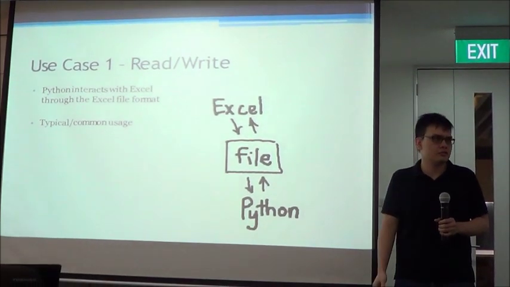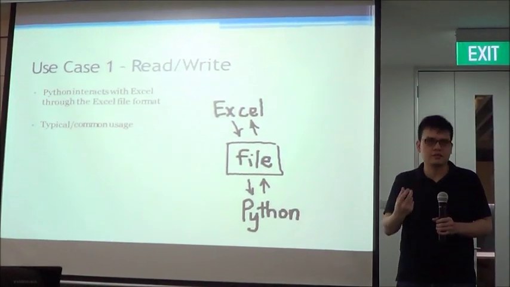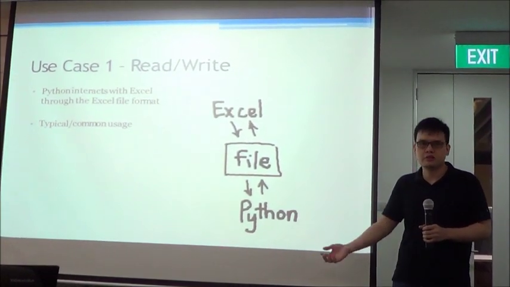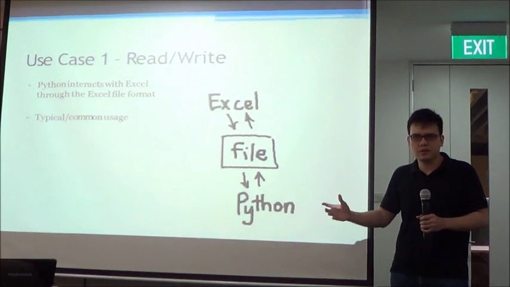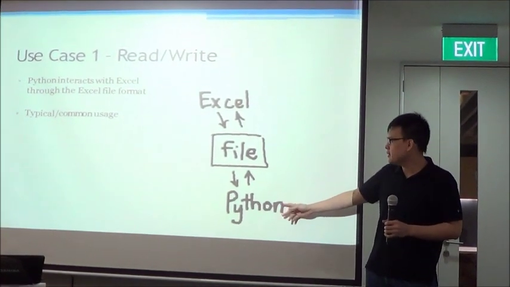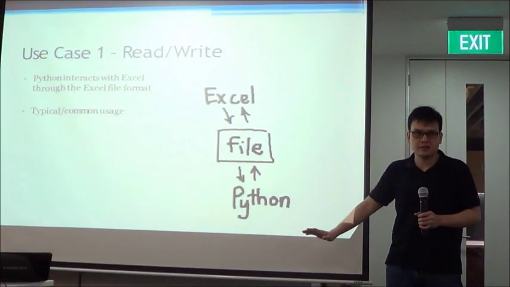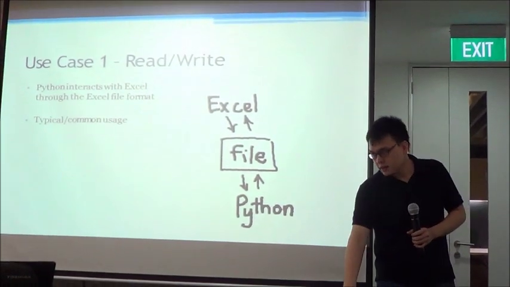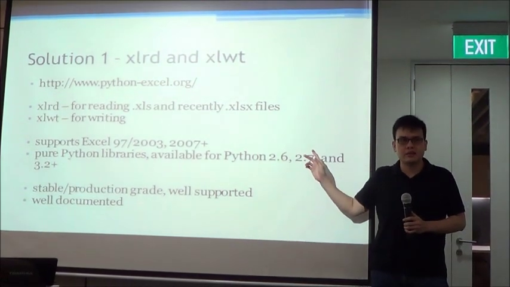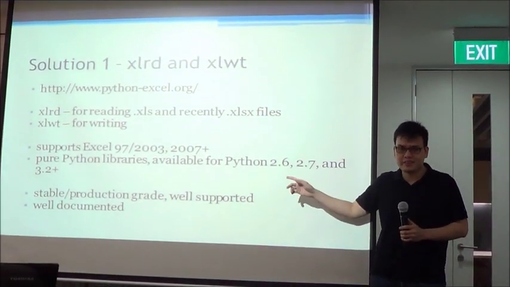You can use Python to intercept the email, read the attachment, read the data, and transfer it into your database. That's usually one case wherein Python is good. There are a lot of things, but this is one common use. So the first solution would be XLRD and XLWT, or known as Excel read and Excel write.